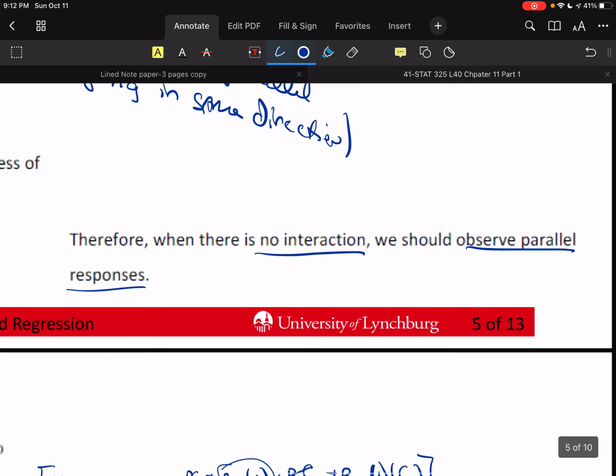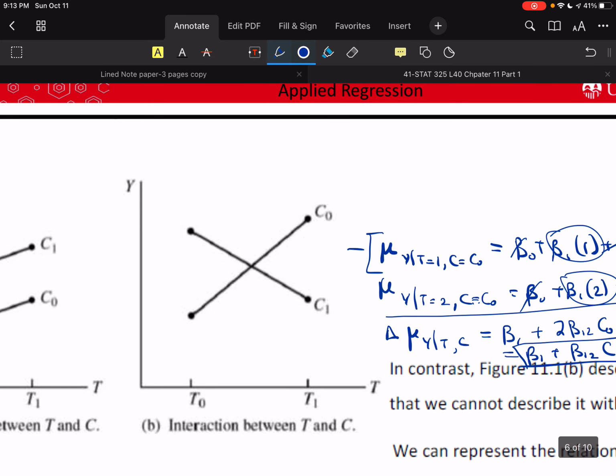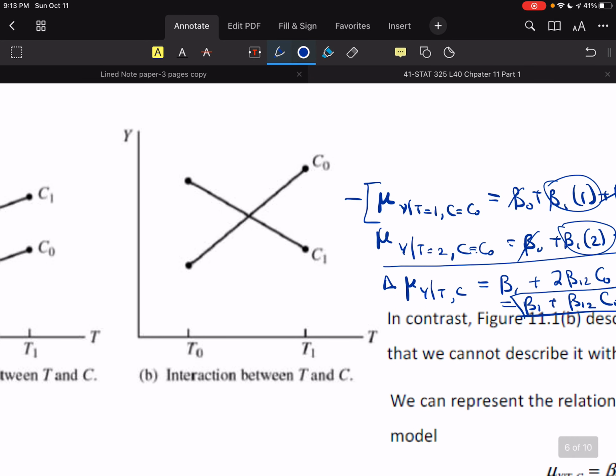Now, when we're looking at this graph, we have to talk about t in terms of c. We can talk about t in terms of a fixed level of c1.